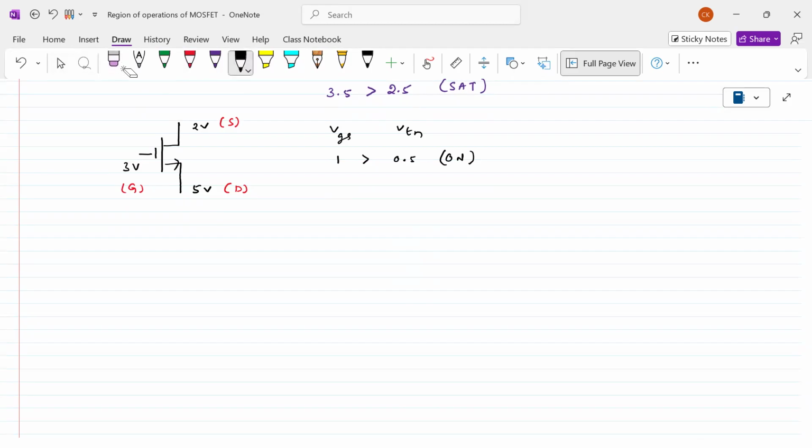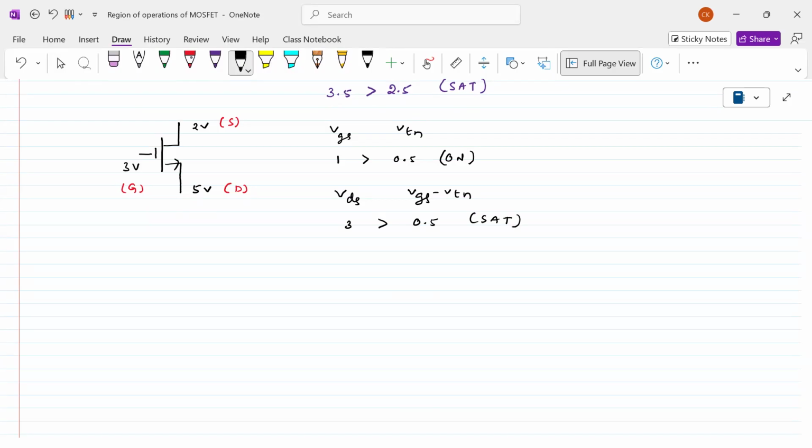It is 3 volts, right? And gate to source minus threshold is 1 minus 0.5, which is 0.5. Definitely it is in saturation.